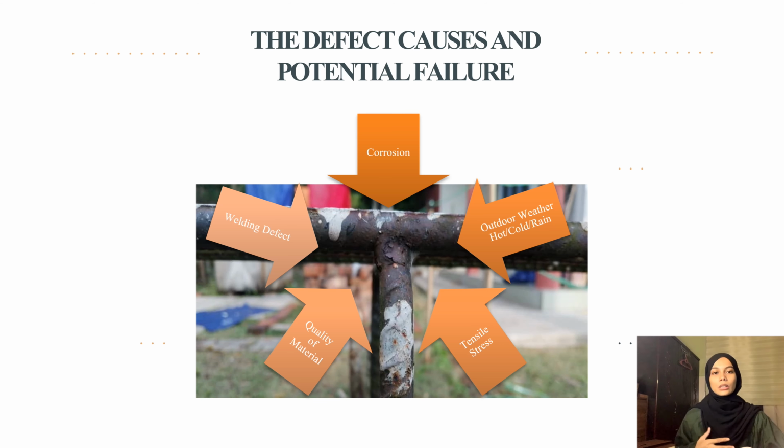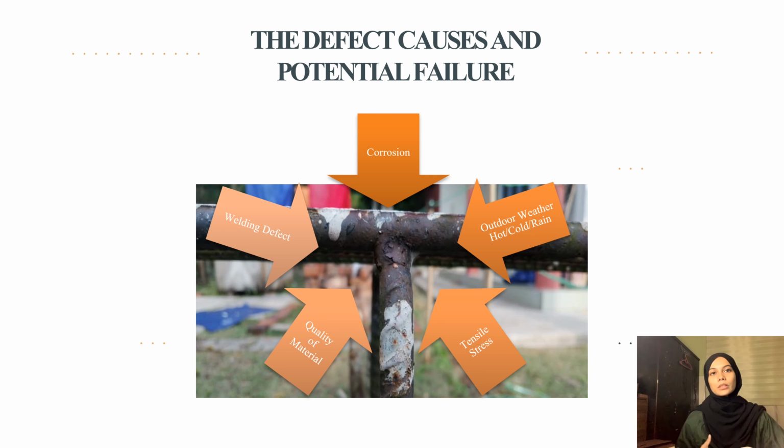Another cause that may cause the defect is tensile stress, where the mild steel is ductile but durable, and it can form cracks, defects or fatigue due to the loading and unloading of the flower pot or vase onto the mild steel after a long time of use.